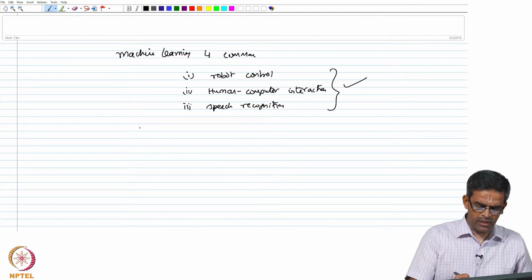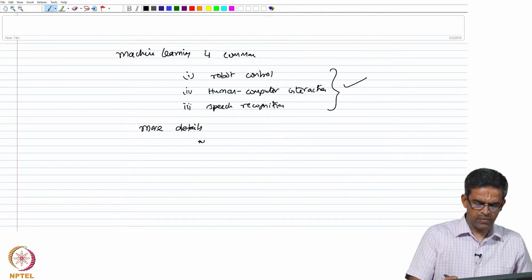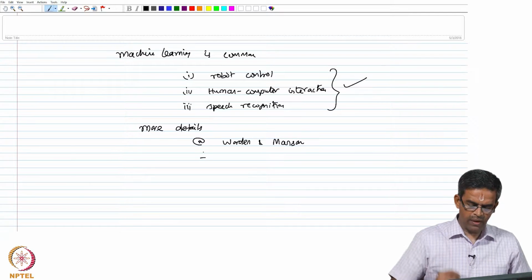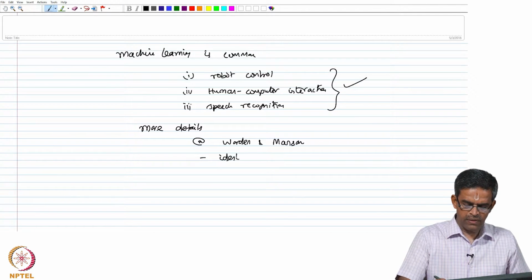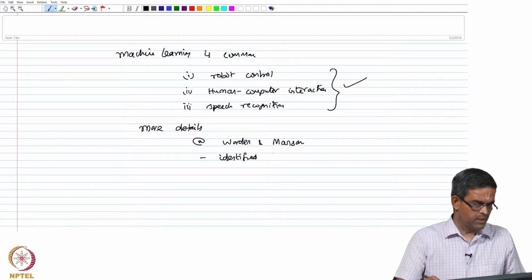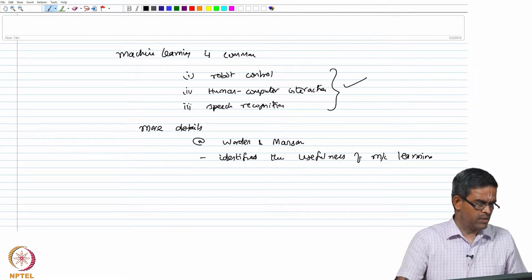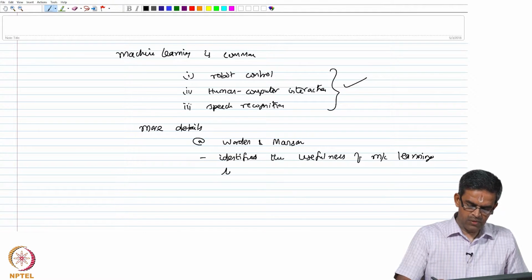Of course, you can see more details at Worden and Manson, where they identified the usefulness of machine learning to detect damage.